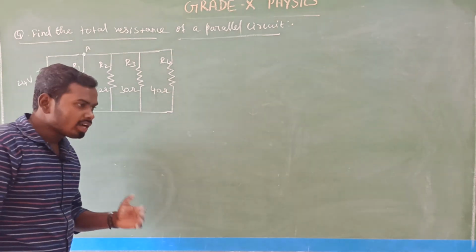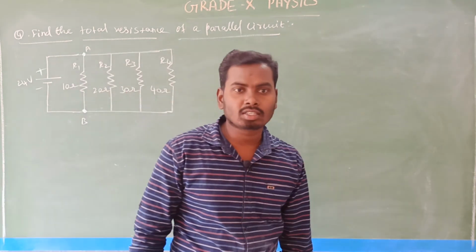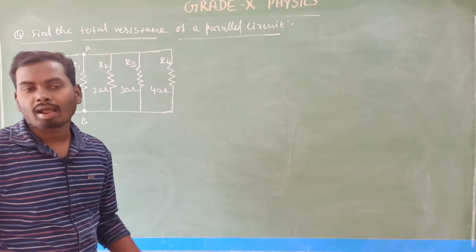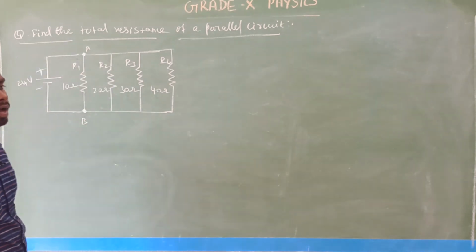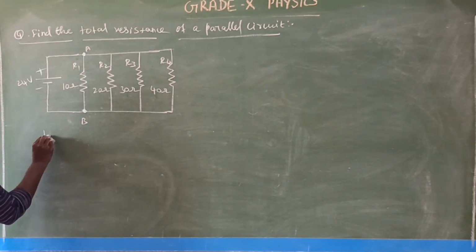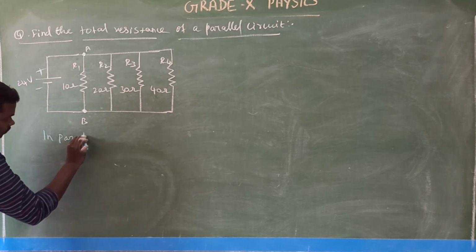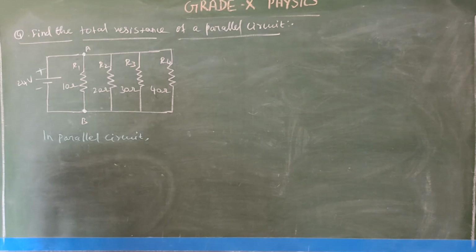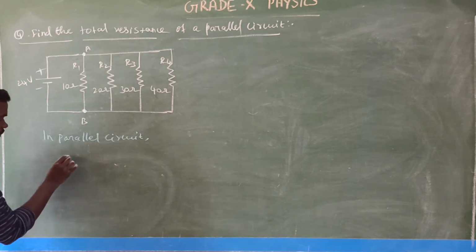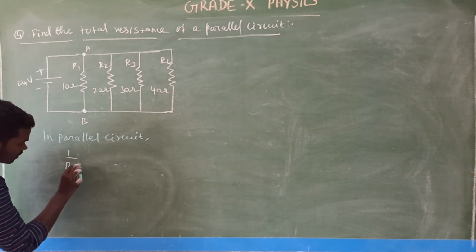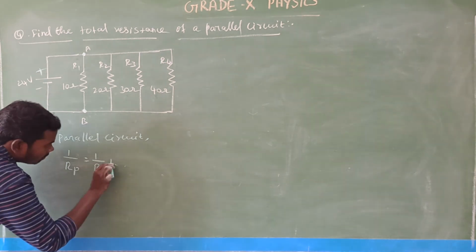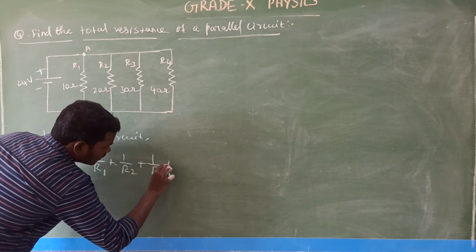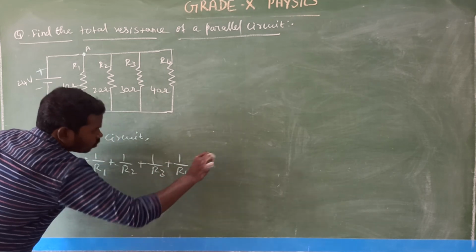So what is the total resistance formula in parallel circuits, sir? In a parallel circuit, 1 by Rp is equal to 1 by R1 plus 1 by R2 plus 1 by R3 plus 1 by R4 and so on.